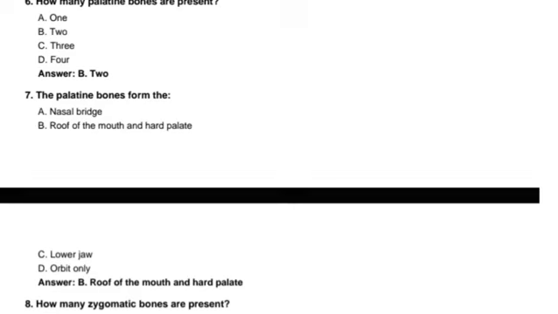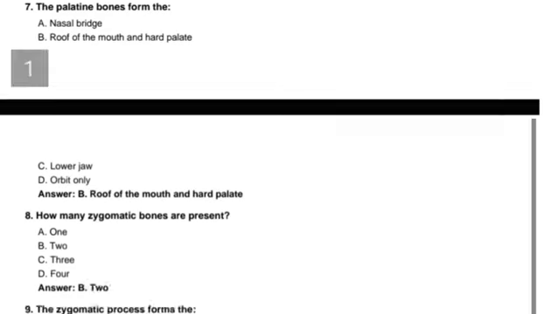The right answer is option B roof of the mouth and the hard palate. Question number 8. How many zygomatic bones are present? Option A 1, option B 2, option C 3, option D 4. Right answer is option B 2.